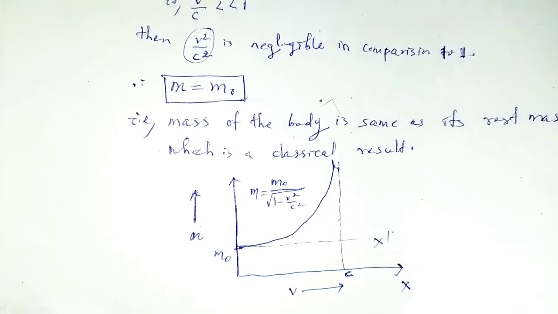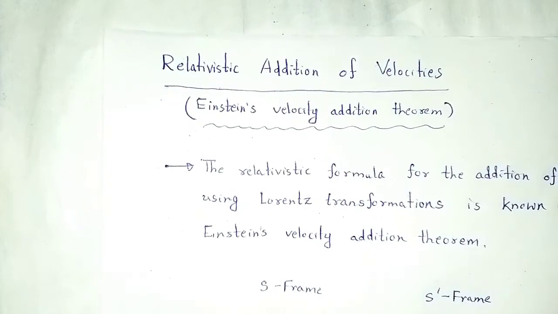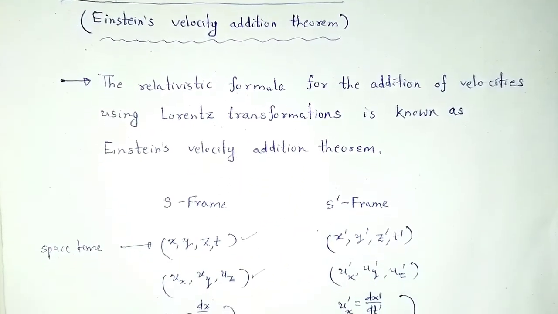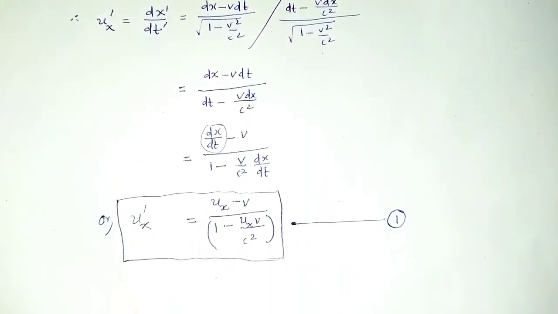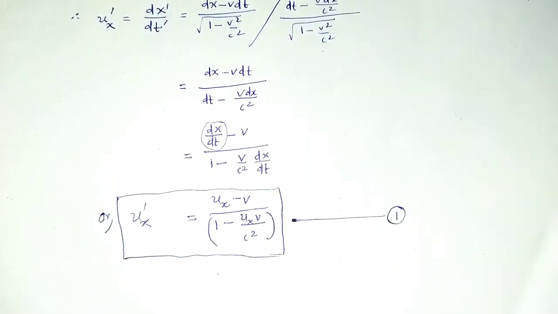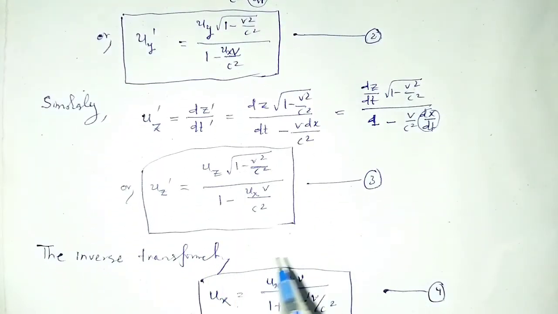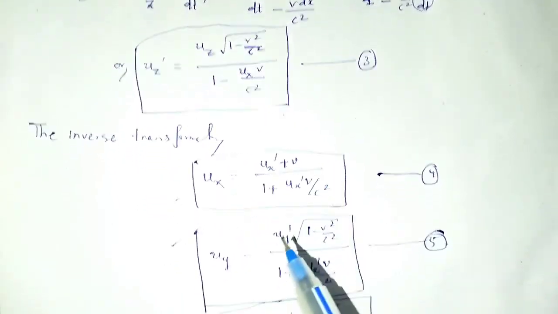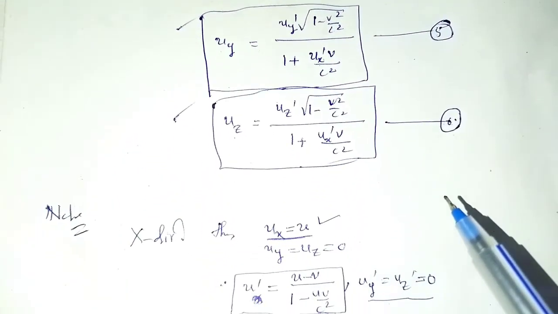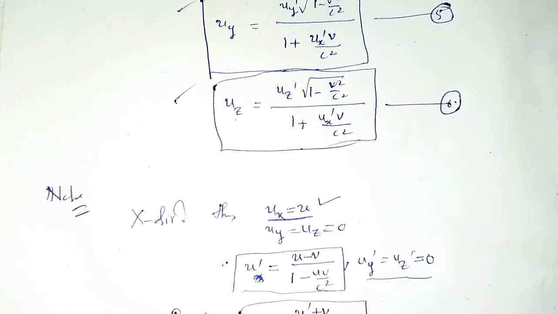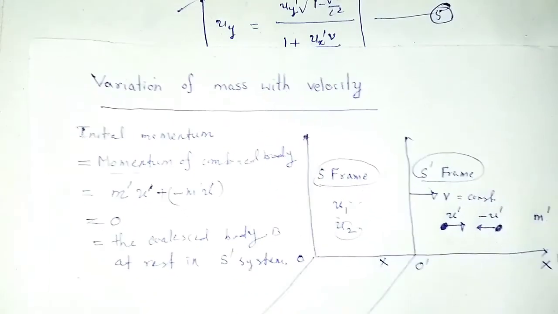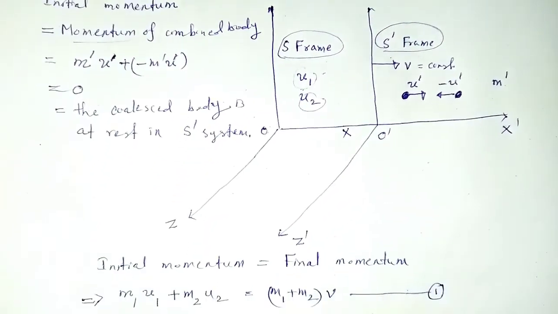So with the help of this video lecture we understand the relativistic addition of velocities, which is known as Einstein's velocity addition theorem. We write the velocities ux dash, uy dash and uz dash, again its inverse transformation as ux, uy and uz, and how mass varies with velocities, variation of mass with velocity.